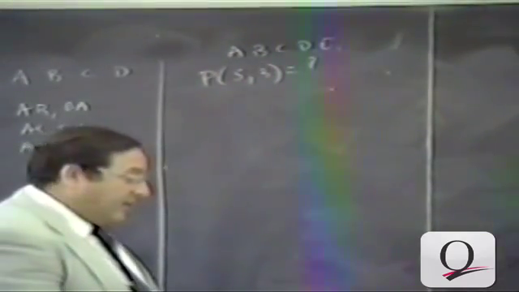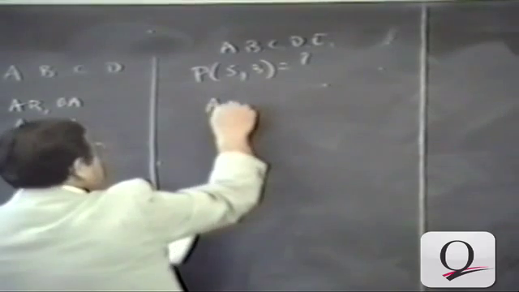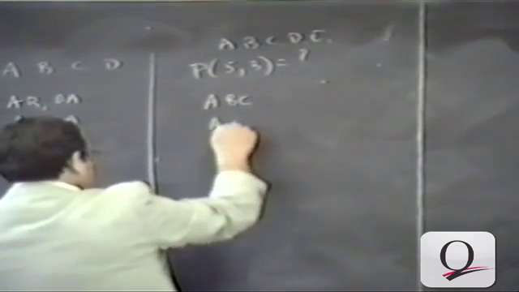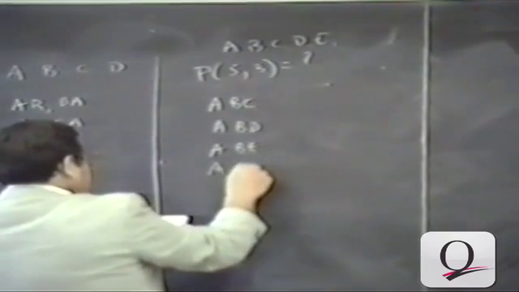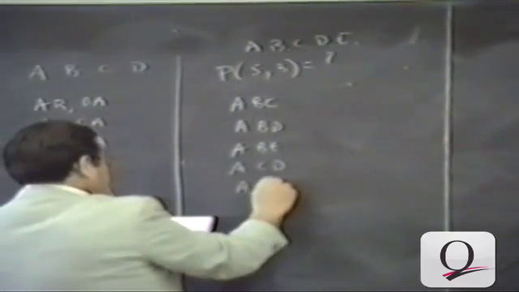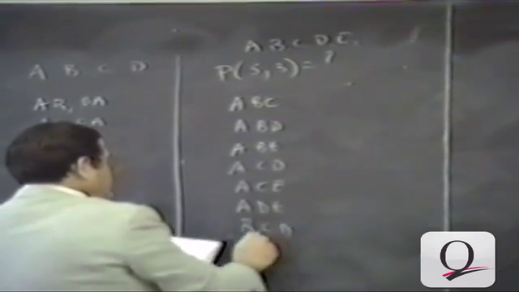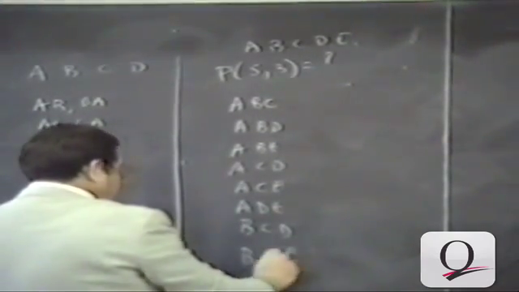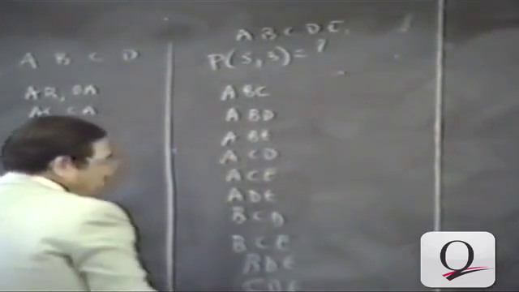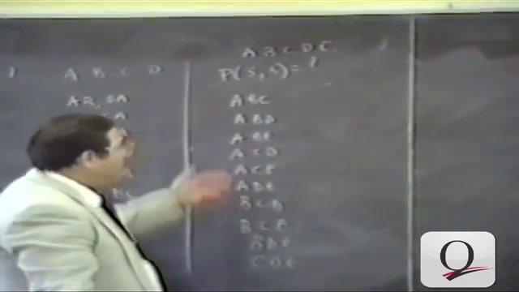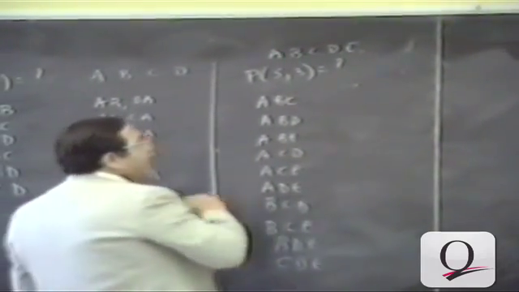The 10 ways of listing this, just the combinations, are ABC, ABD, ABE, ACD, ACE, ADE, BCD, BCE, BDE, and CDE. Of course, I'm trying to develop a formula for knowing there are 10, but we're doing it indirectly.